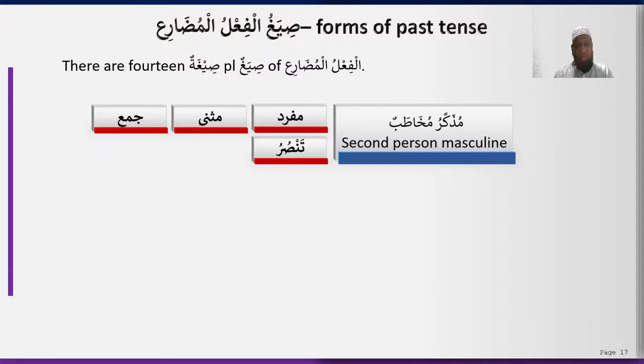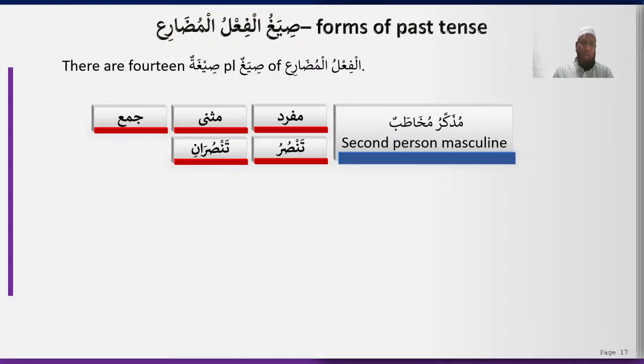So when it is a damir, we say jawazan. But for this siga, tansuru, anta damirun mustatirun wujuban. It is fixed. You cannot change it.